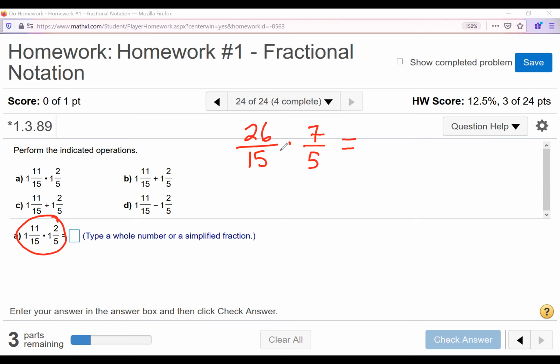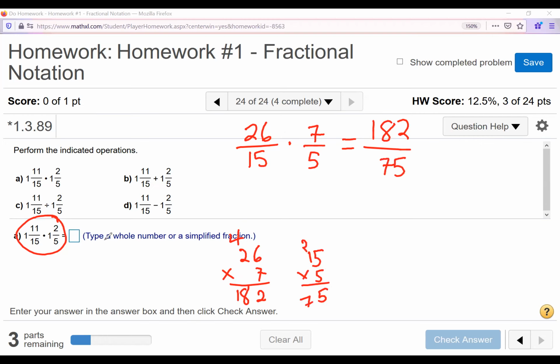Now this is going to get a little bit big. Unfortunately, I can't reduce this at all, so I'm just going to multiply across. 26 times 7, let's see, it's going to be 182 over 15 times 5, which is 75. Now the directions say type a whole number or a simplified fraction.